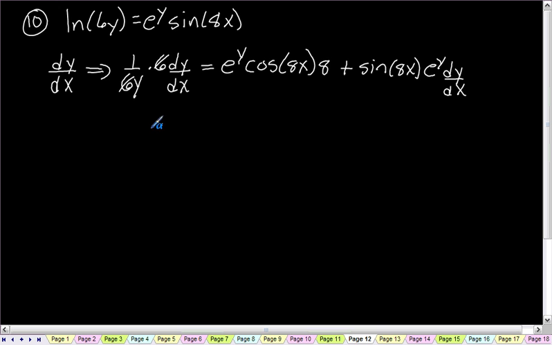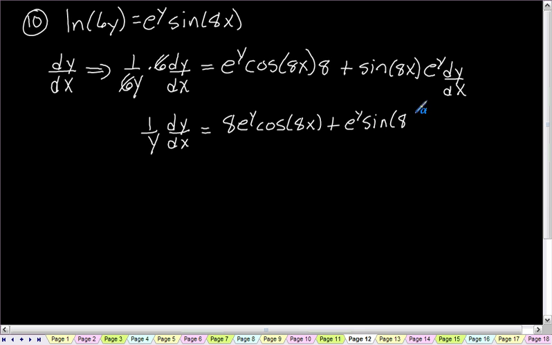On this side, I'm left with 1 over y dy/dx. This side, I'm left with 8 e to the y cosine 8x plus, moving that to the front, e to the y sine 8x dy/dx.